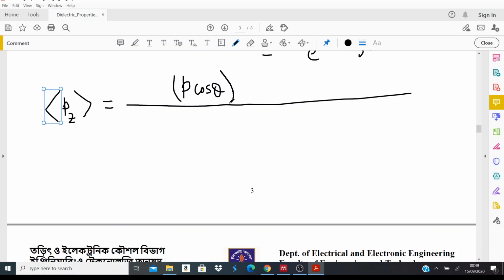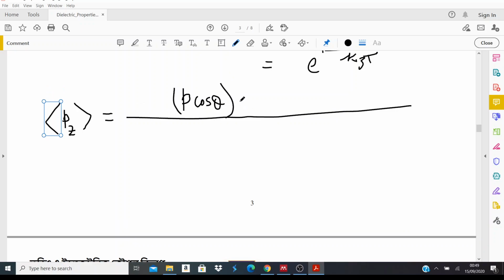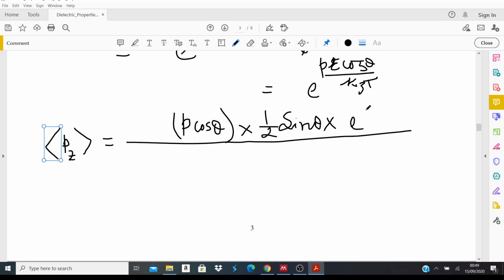Then we multiply this expression with the solid angle of the annulus. Take it as a rule. What's the solid angle? It's nothing but half sin theta d theta. On that annulus there are many of these electric dipole moment contributions, and then you multiply this with the Boltzmann factor. So what is the Boltzmann factor? It's e to the power PE cos theta by kBT.